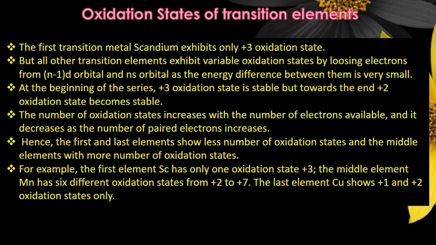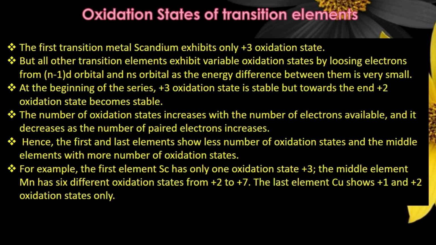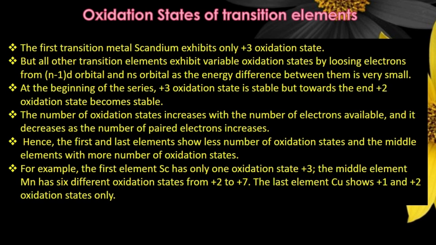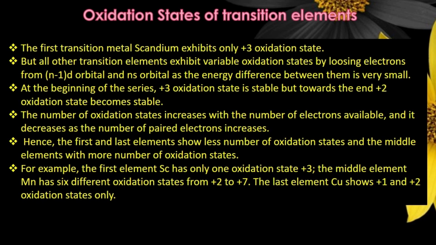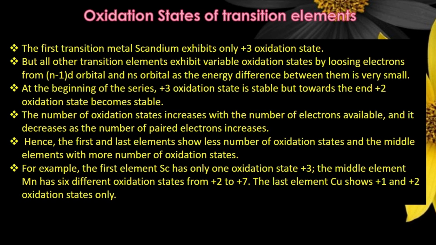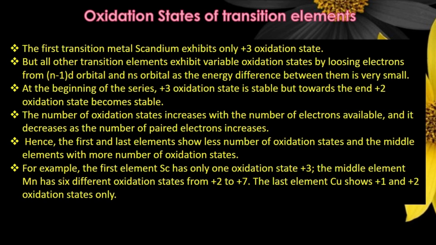For example, if you consider the elements of group 6, chromium, molybdenum and tungsten, the molybdenum and tungsten, which are placed down the series, will have the higher oxidation state, that is +6. They form molybdenum trioxide and tungsten trioxide as stable compounds. Whereas if you take chromium, in its +6 oxidation state, it is not stable.